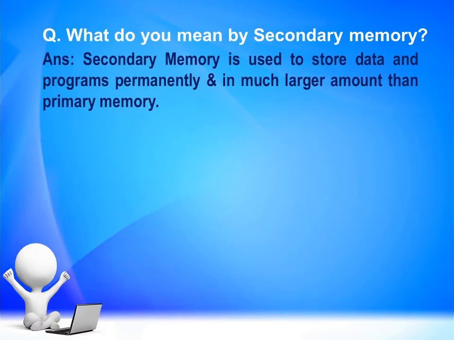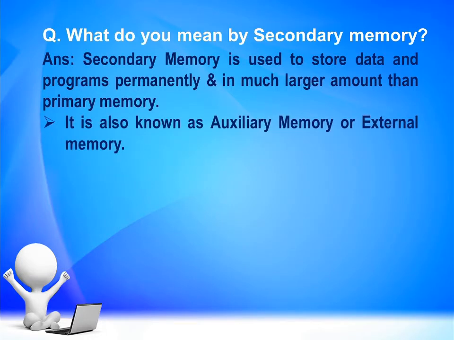The secondary memory is used to store data and programs permanently and in much larger amount than primary memory. Secondary memory is also known as auxiliary memory or external memory of the computer.